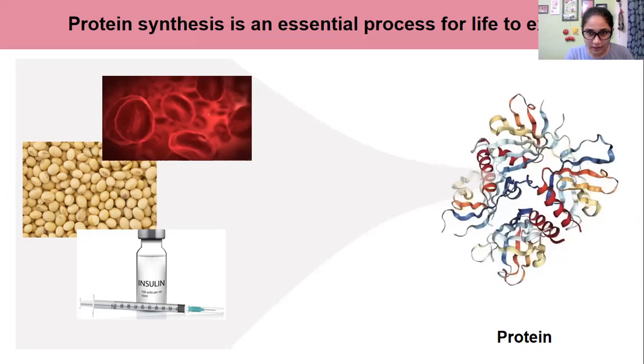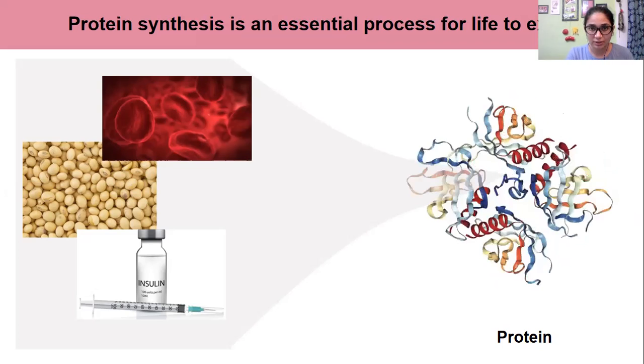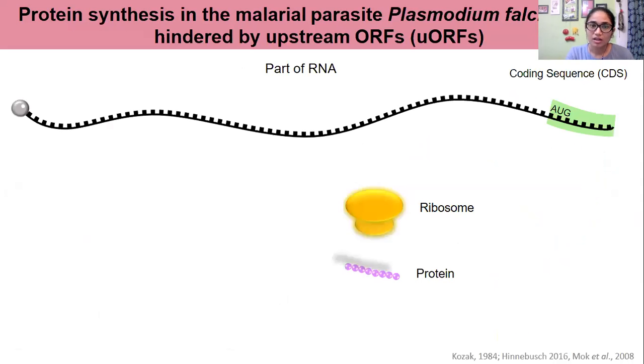Coming back to my organism of interest, Plasmodium falciparum, the process of protein synthesis in this malarial parasite is novel. It uses some special mechanisms apart from the normal scenario. So what happens in the normal scenario? What you can see on this slide is a part of the RNA that I talked about in my central dogma slide.